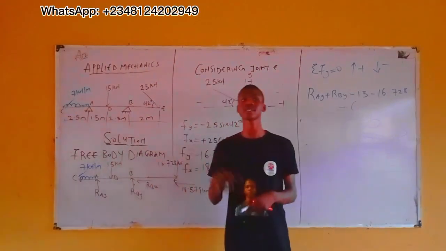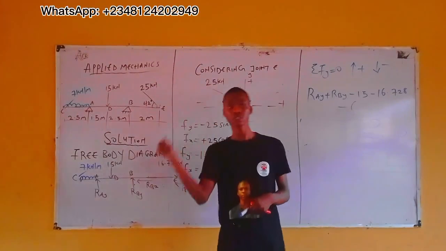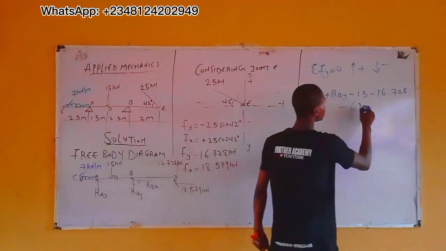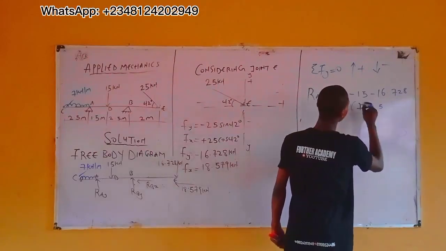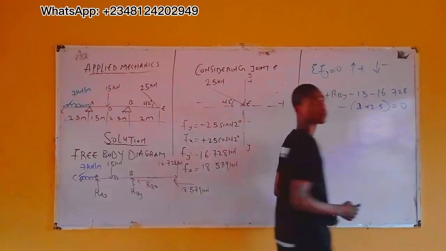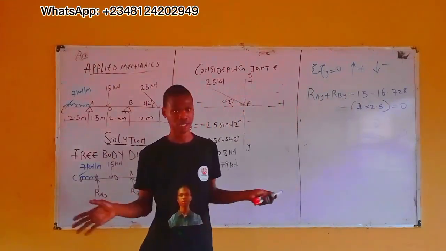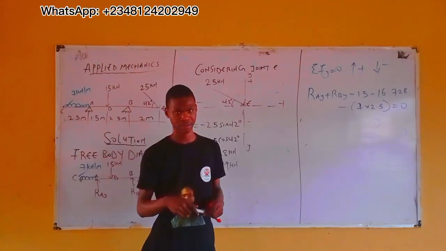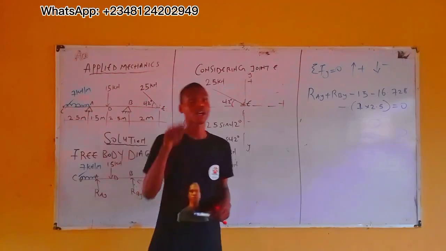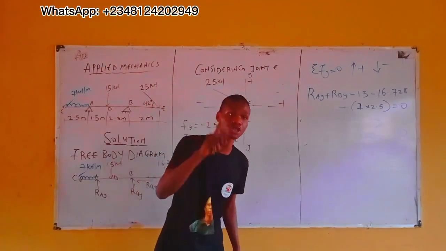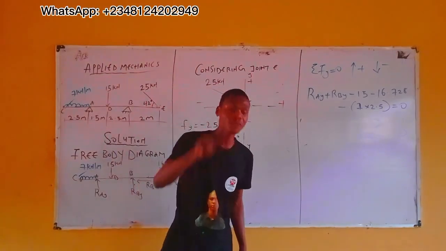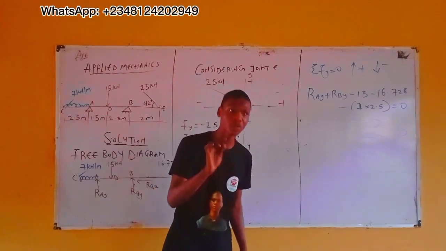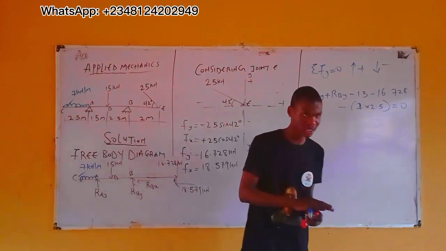Now check, what's the intensity of this UDL? 7. What's the total distance it covered? 2.5. So what are you saying? 7 times 2.5. And that's it. Do you understand? The distance of a UDL acts at the midpoint, right?